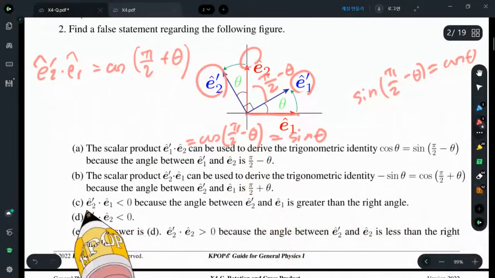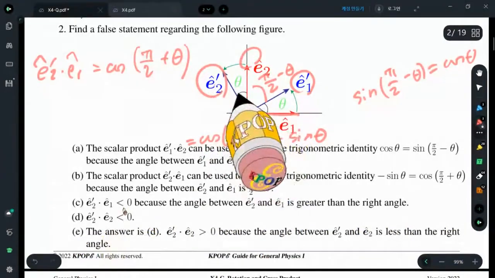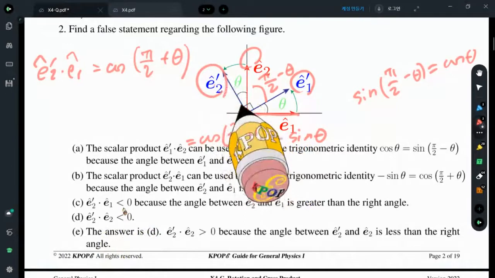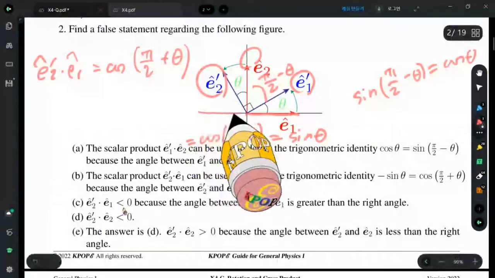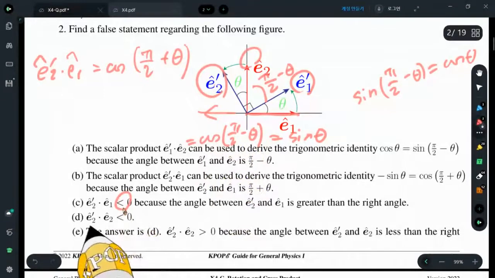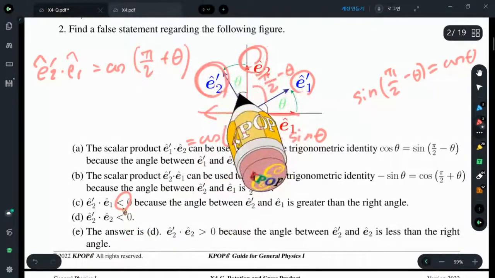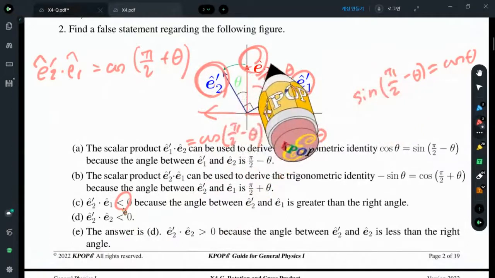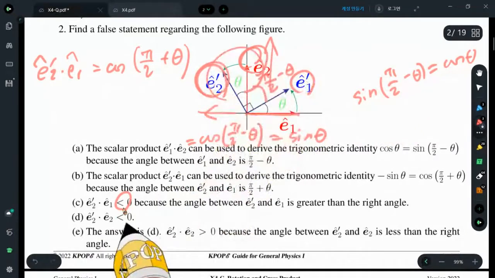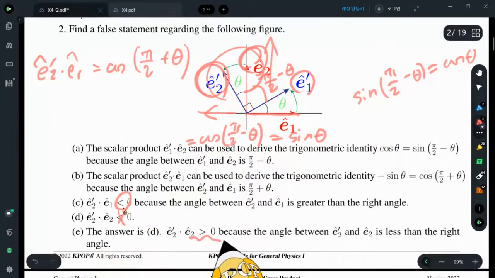They have a parallel component, but the parallel component is in the opposite direction. So it is negative. E2 prime is here, E2. They have a parallel component along the same direction. So it is positive. It should be positive.